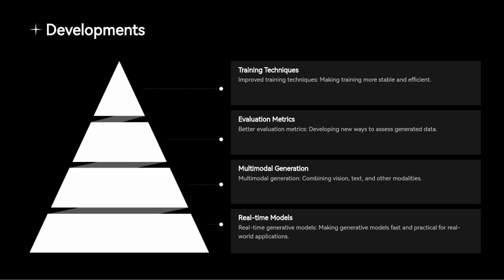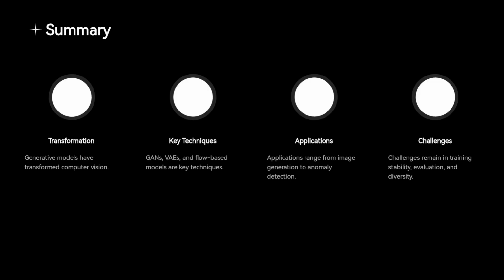Real-time generative models. Real-time generative models will become more practical for use in interactive applications like video game development, virtual reality, and live streaming. In conclusion, generative models are a transformative force in computer vision. GANs, VAEs, and flow-based models are at the forefront of this field, enabling powerful applications from image generation to anomaly detection.